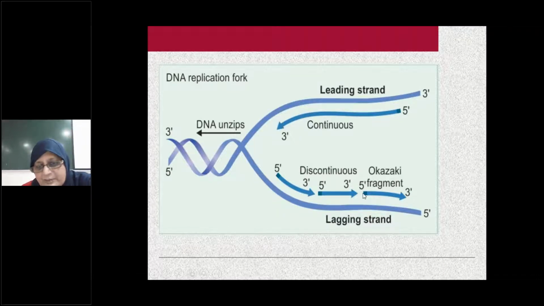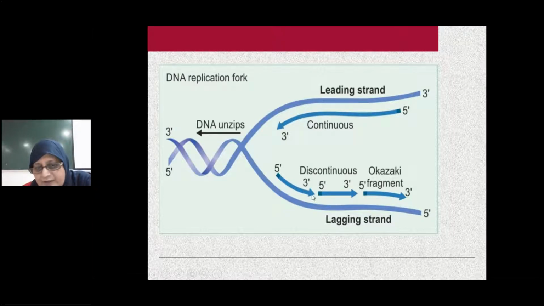Is it clear what I'm trying to tell you? Here it is important to understand that synthesis won't start from here. The synthesis is starting from here. So this is the RNA primer, and the synthesis that has taken place stops here. The second Okazaki fragment synthesis from the RNA primer will start here and continue till it encounters the RNA primer.